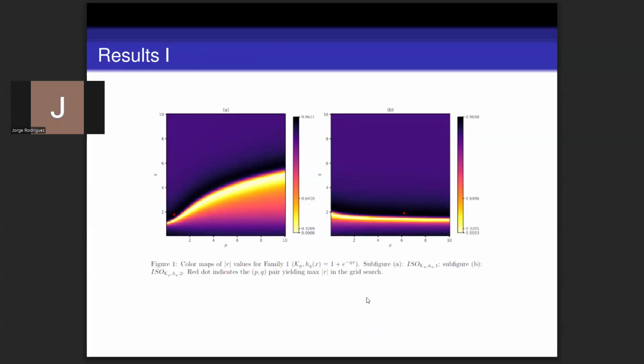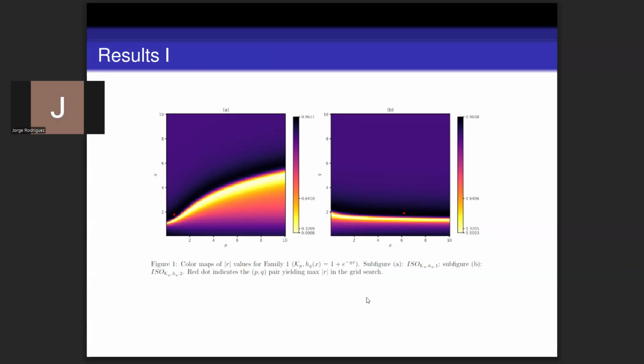What you are seeing in this color map is, in panel A, the correlation between the first h integral Sombor index and the entropy of octane isomers for the first family of functions that we have defined. And we have this correlation evaluated at different values of q and p.